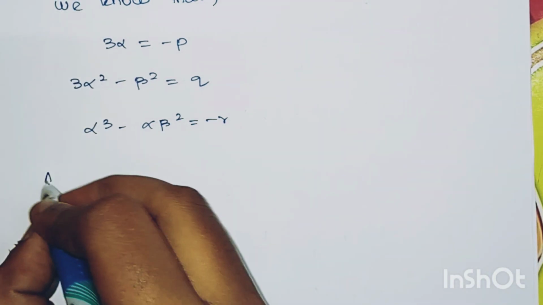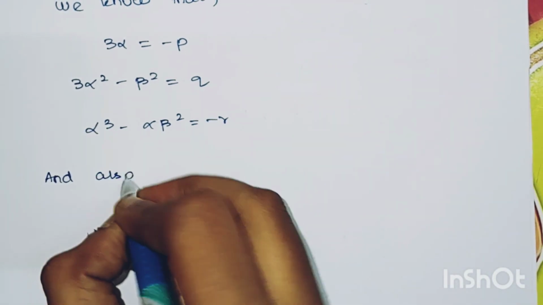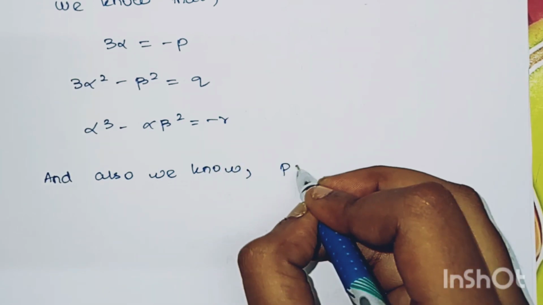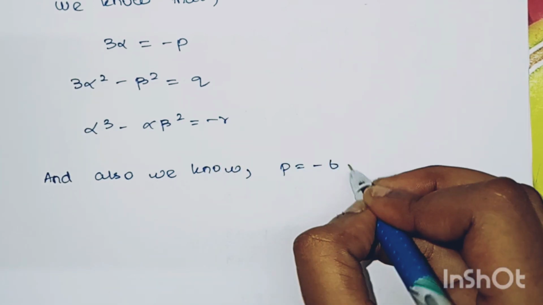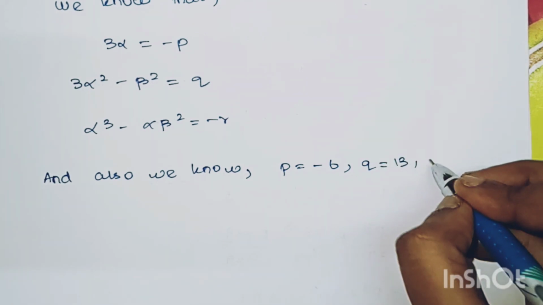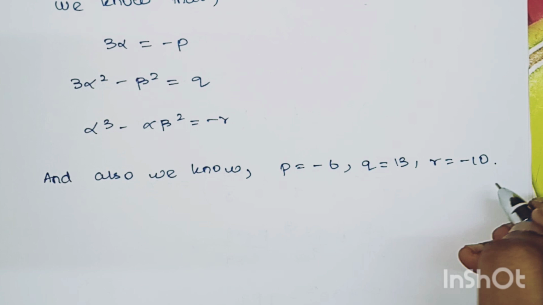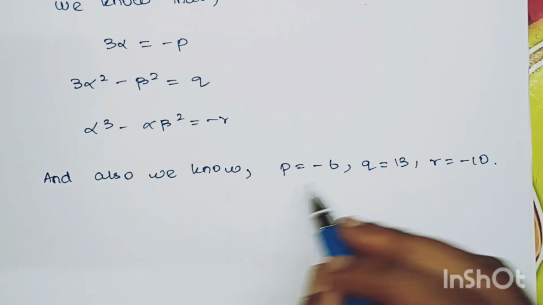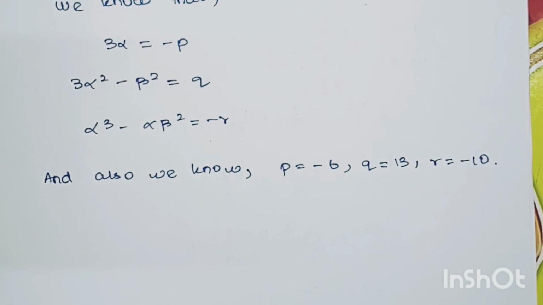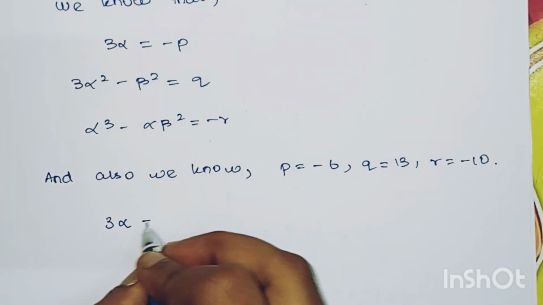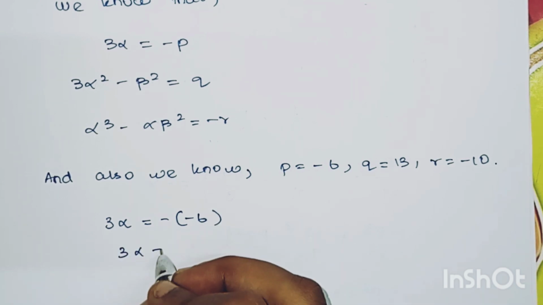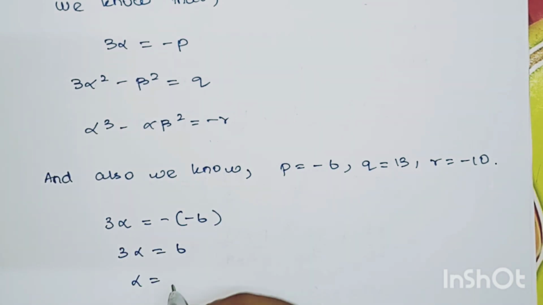Also we know that p is equal to -6, q is equal to 13 and r is equal to -10. Now we are going to substitute these values in these three equations. Then 3 alpha is equal to minus of -6, so 3 alpha is equal to 6. So alpha value is 2.